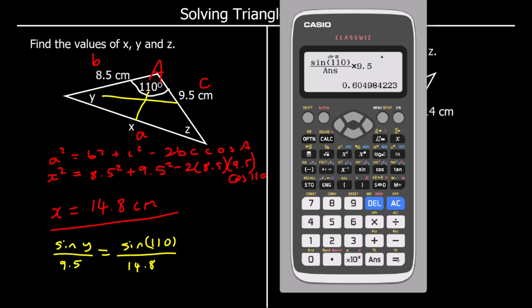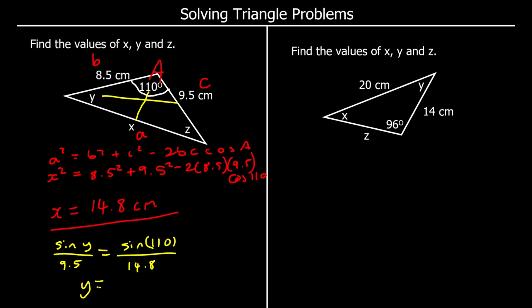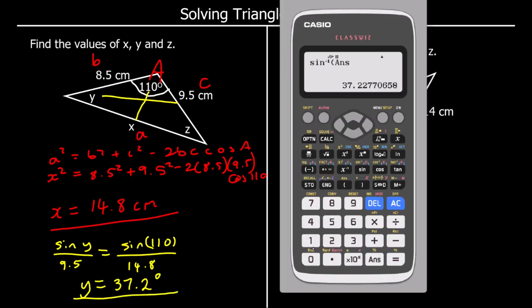That's sine y, so shift sine, 37.2. So y is 37.2 degrees. And then we'll find z just by taking away from 180. So 180, take away 37.2, take away 110, and we have 32.8.